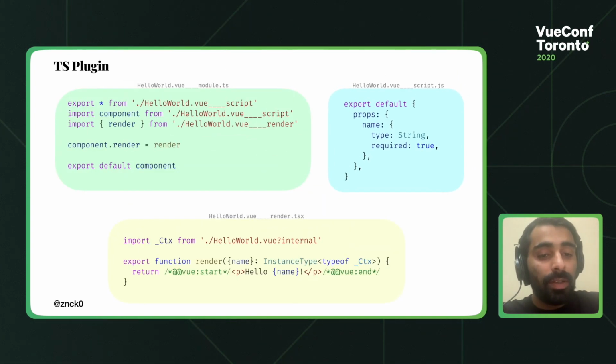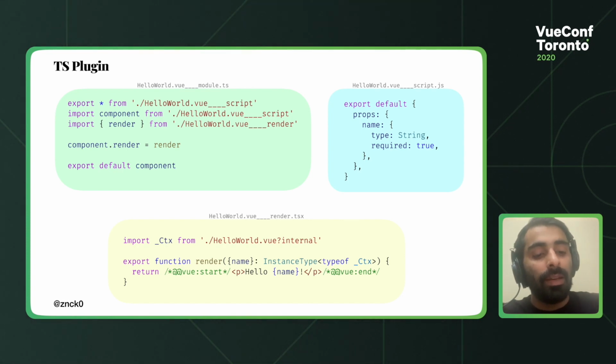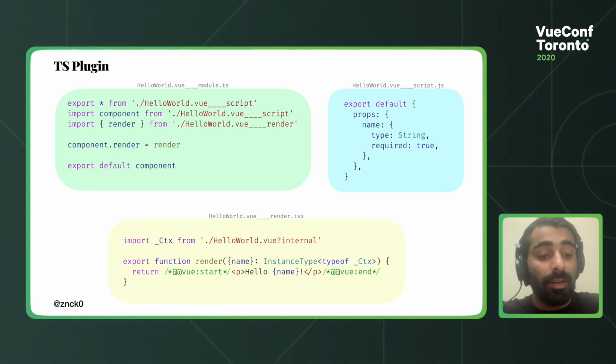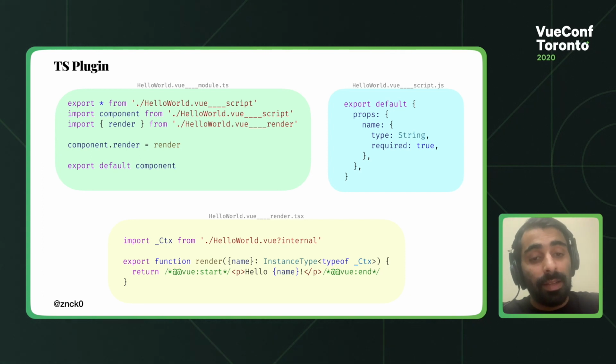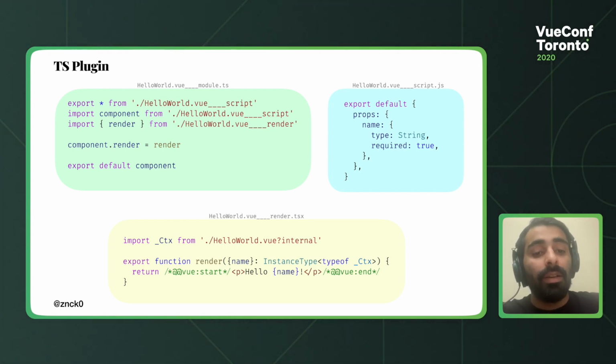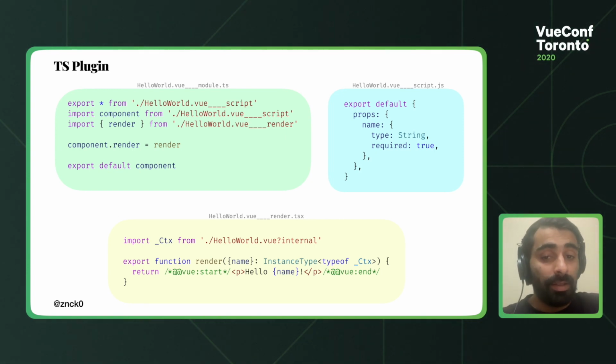So we will convert the template into a render function, we'll go through how it converts the template into a render function, and then we'll convert a Vue file into a module file, which basically combines script and render function into one. Now, all these files are either TypeScript or JavaScript, and the TypeScript language server would understand these.